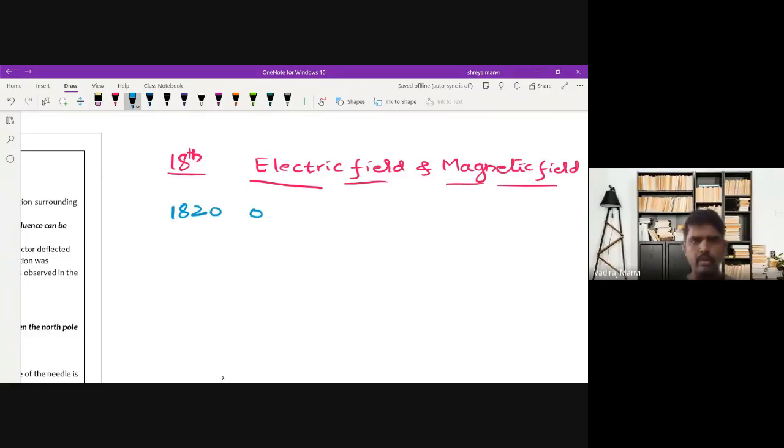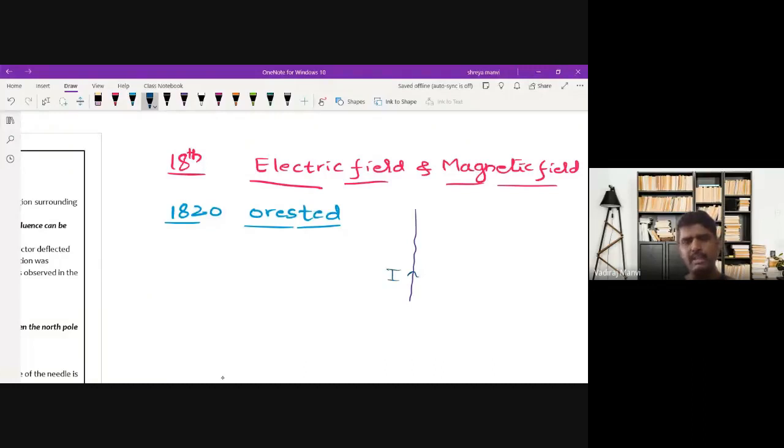So Oersted was doing some experiment related to current electricity. In 1820, Oersted was demonstrating some experiments related to current electricity. He took a conductor like this, then allowed a current to pass through it.